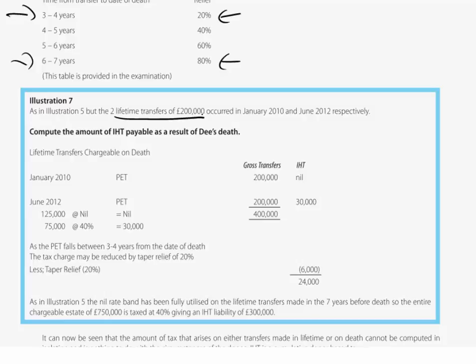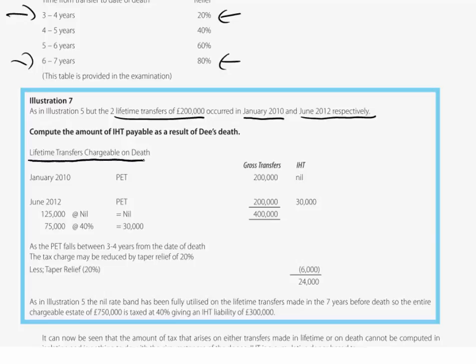So what am I doing now? We're pushing back the boundaries. So now the dates of those 2 PETs are the first in January 2010 and the second in June 2012. Remember, of course, that D sadly died on the 1st of February 2016. So compute the amount of IHT payable as a result of D's death.